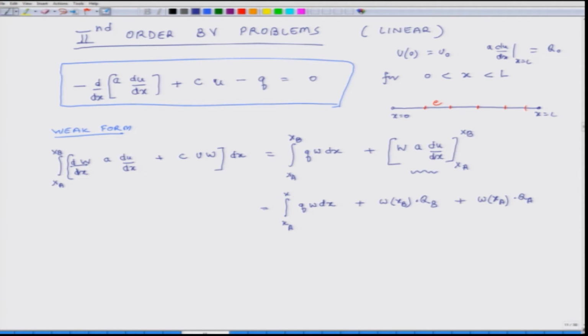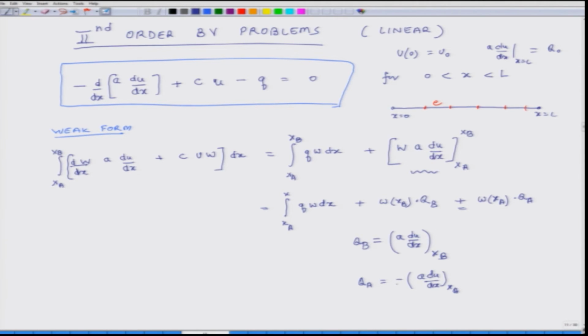And the reason I am going to put a positive sign here is because I am defining qb as a du over dx at xb, and I am defining qa as minus of a du over dx at xa.